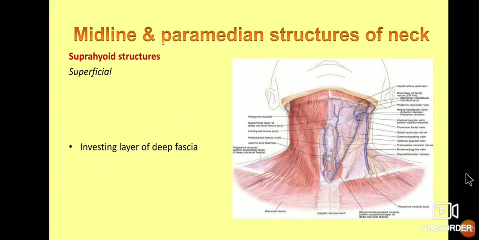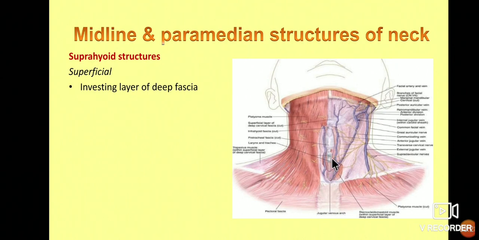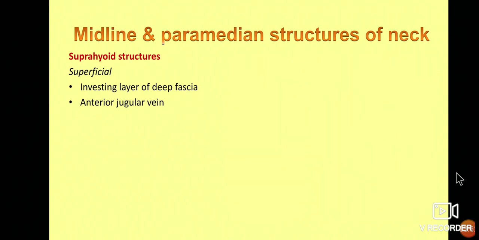These veins terminate or drain into the external jugular vein after passing deep to the sternocleidomastoid. Both the anterior jugular veins are connected to each other by a jugular arch. These are all the superficial structures.